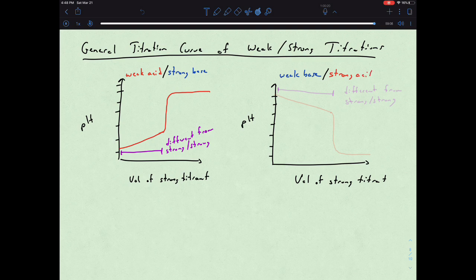We start basic, but it's going to come down, and then we again have that steep curve, and then it flattens out again once we're past that equivalence point. So again, we see that difference occurring here. For the strong, it would be much flatter in that particular region.